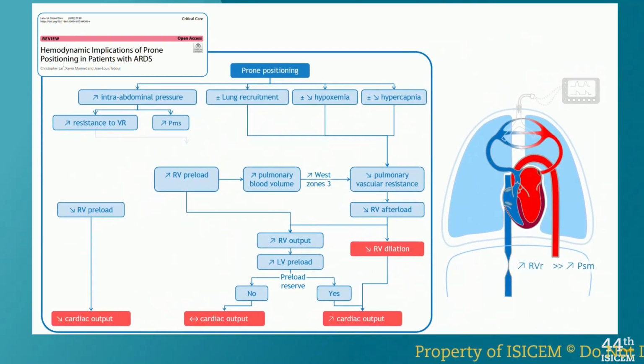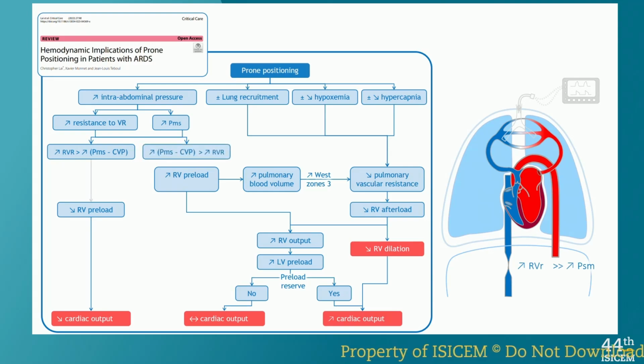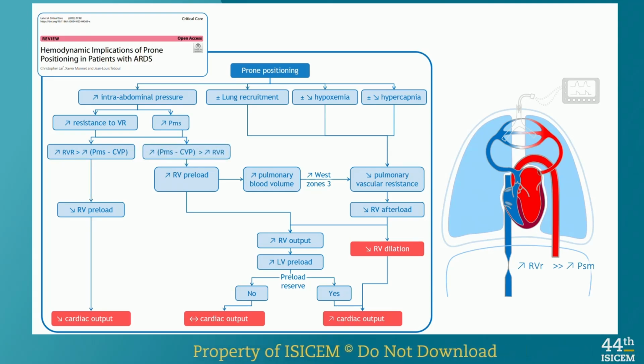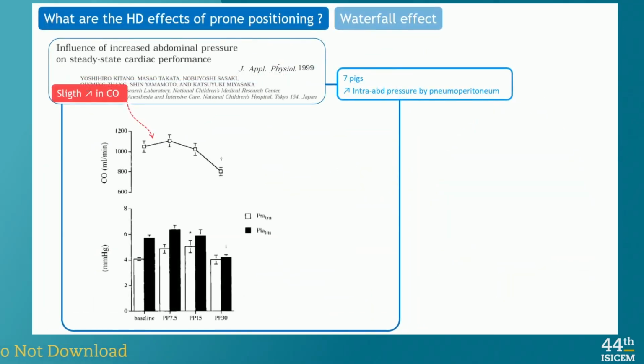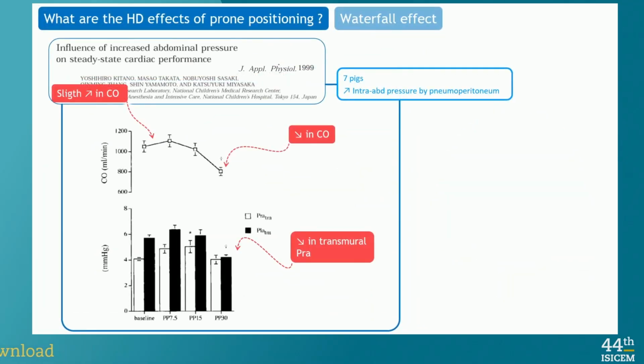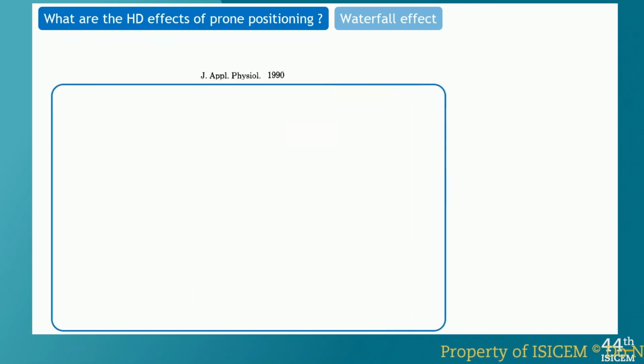And so you see that the effect may depend on the balance between the increase in resistance to venous return and mean systemic pressure. In fact, I'm speaking about a waterfall effect. And this waterfall effect, well described in the 80s, was well described in this animal during acute increases in intra-abdominal pressure, where you see initially cardiac output slightly increased but then decreased due to compression of the venous vasculature.